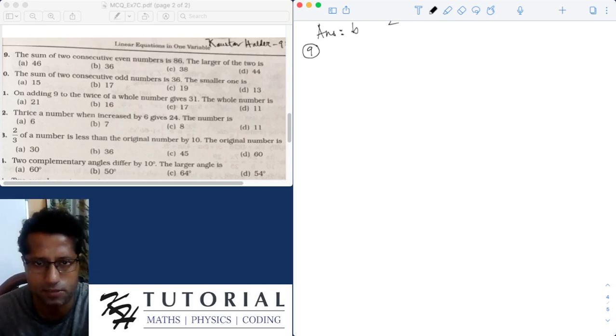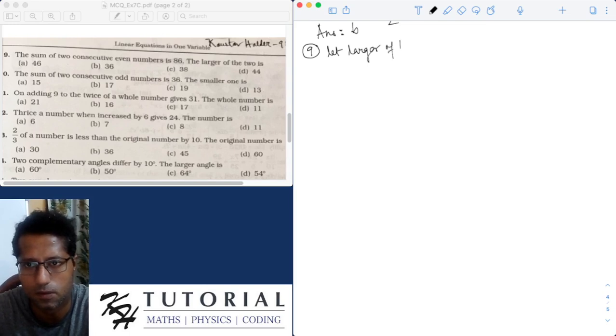Whichever quantity is unknown and is being asked, we will assume that to be a variable. So let the larger of the two be x.